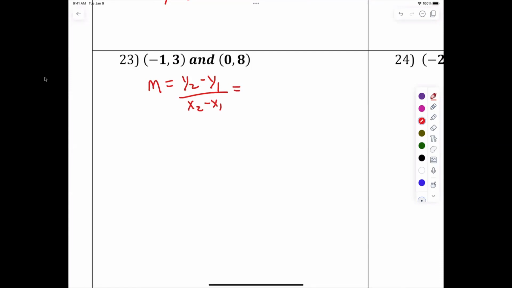Y2 is what? 8 minus, what's y1? 3 over x2, 0 minus, what's x1? -1, so it becomes a what? +1. So 8 minus 3 is what? 5 over what? Which is the same as just 5.